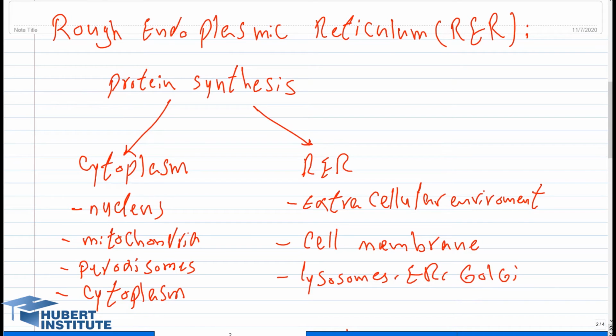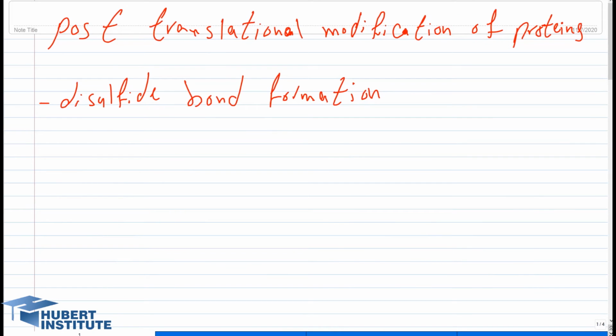I just want to mention as a side point that another thing that happens in the rough endoplasmic reticulum is post-translational modification of proteins. For example, the formation of disulfide bridges in proteins happens in the rough endoplasmic reticulum. Okay, let's go back to the protein synthesis that happens in the rough endoplasmic reticulum.